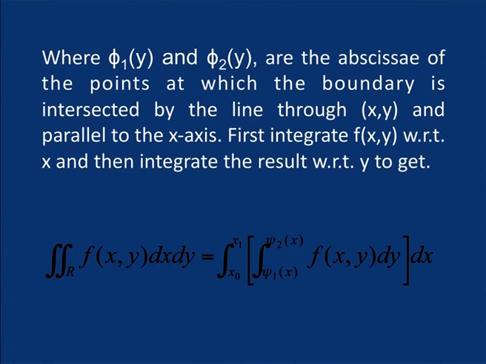First integrate f(x,y) with respect to x and then integrate the result with respect to y, to get the double integral over R of f(x,y) dx dy equal to the integral from y₀ to y₁, then the integral from φ₁(y) to φ₂(y) of f(x,y) dx, then dy.